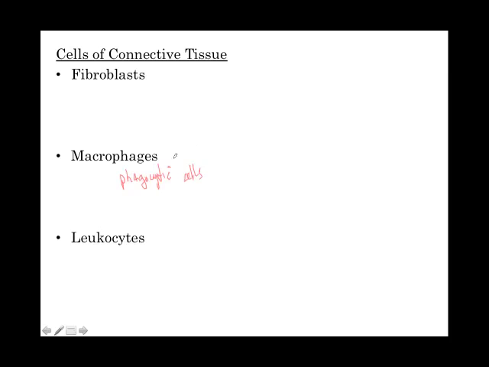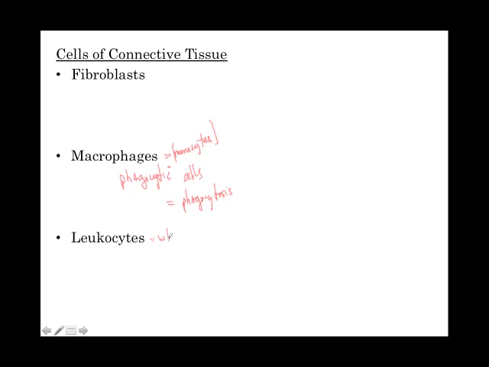These originally were monocytes in the blood, and as those monocytes leave the blood and squeeze into the tissues, they become macrophages. And phagocytic means that they utilize the process of phagocytosis to bring in any debris, particulate matter, dead cells, bacteria, etc.